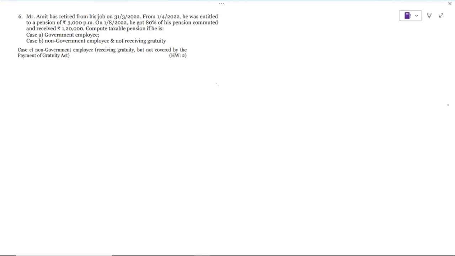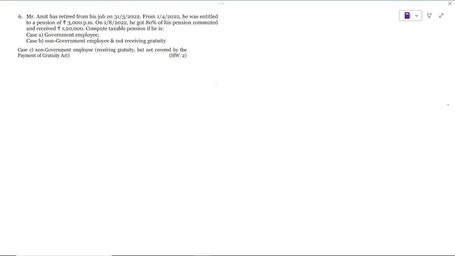Now tell me, is this monthly pension exempt, right? No. Then what? Fully taxable. Keep in mind, 3,000 per month is fully taxable. When you receive uncommuted monthly pension, it is fully taxable.